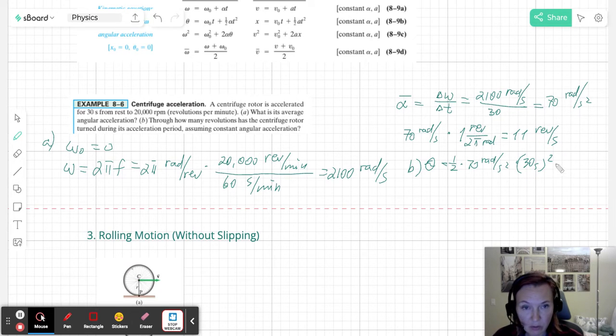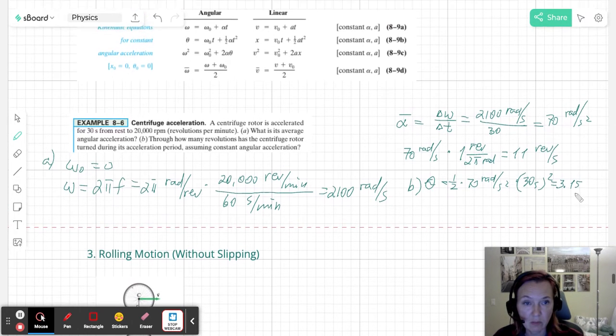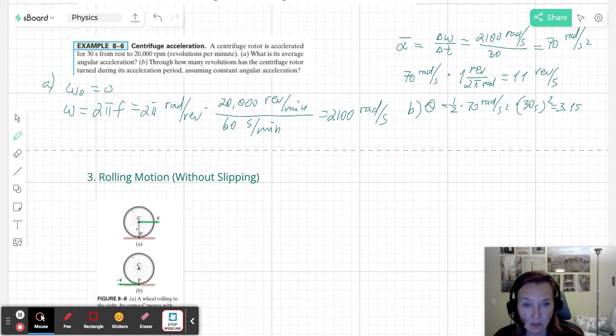Once we multiply all those, we are going to get 3.15 times 10 to the power 4 radians.